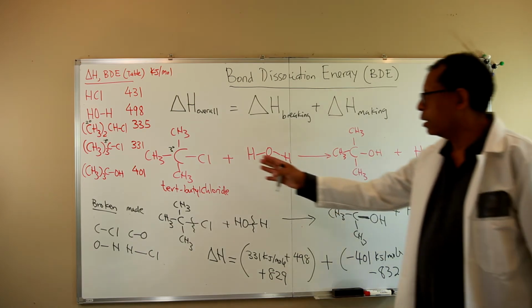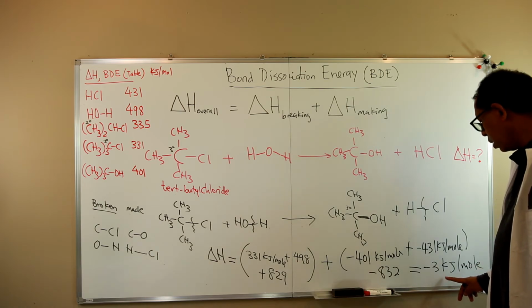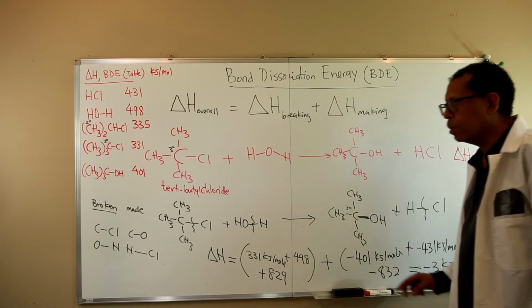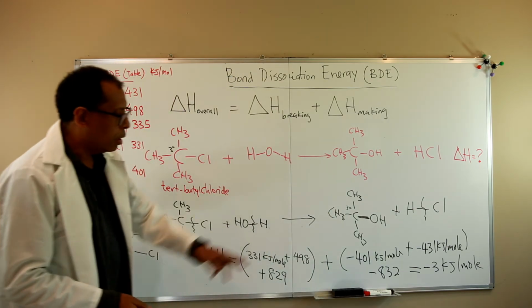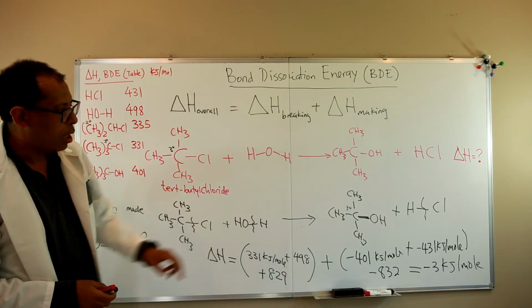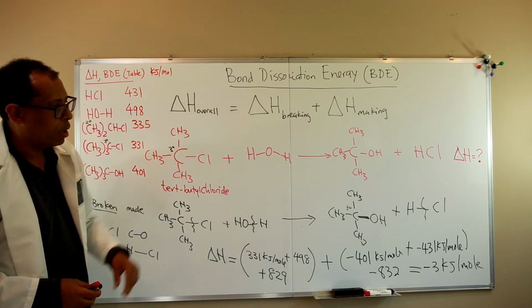This tells us the reaction is exothermic by minus 3 kilojoules per mole. So it's slightly exothermic, because the final delta H from this bond making and breaking gives you a negative value.